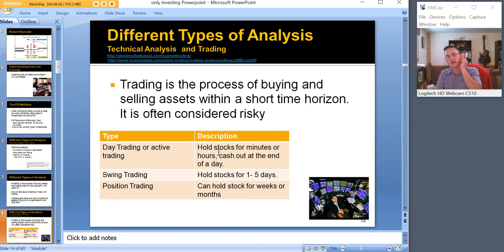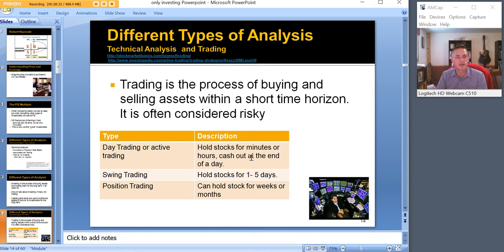Now, one quick thing I want to talk about, I'll just give you an overview of what technical analysis is. Again, we're not going to go through it in any detail in here, but that's buying and selling assets in short time horizons, which is often considered very risky. And we have different types of trading. We have day trading or active trading, swing trading, and position trading. And each one of them has a different amount of time associated with it in which the stock is held.